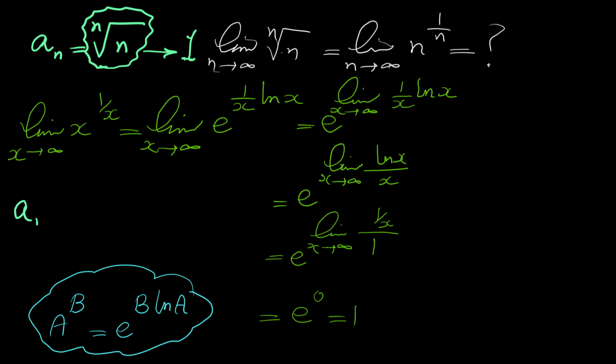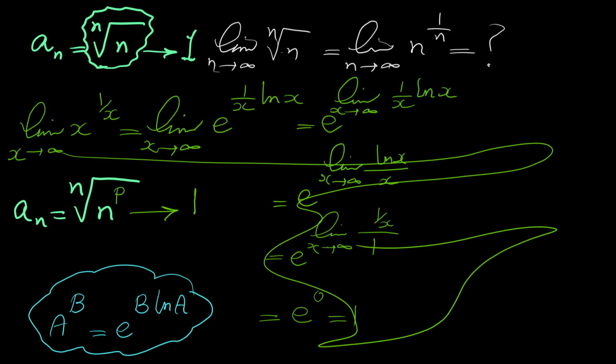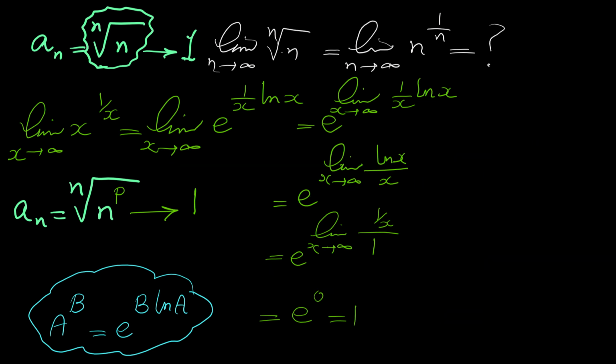If we have a sequence in the form of the nth root of not only n, but n to any power, let's say n to the 2, n to the 3, n to the 5, n to the p, n to any power, this is also 1. And the proof would be very similar to this. You can follow the same pattern, same method to prove this in general.